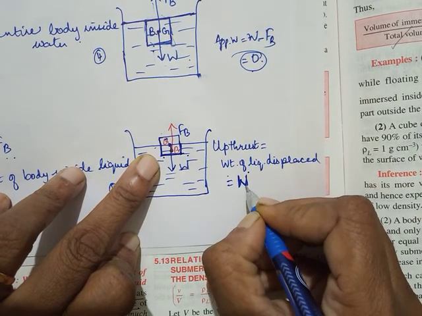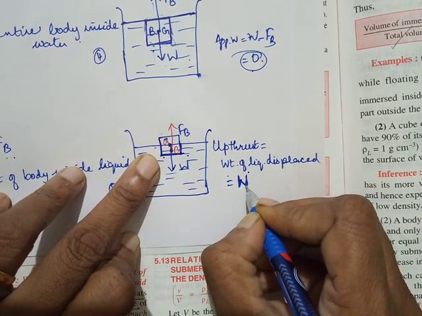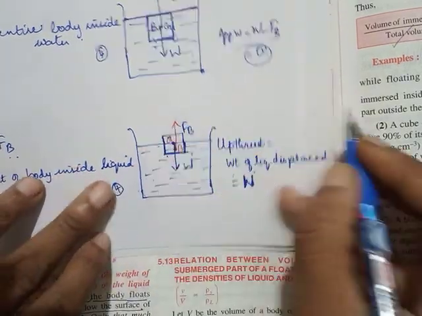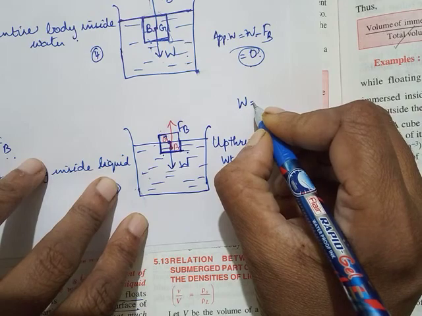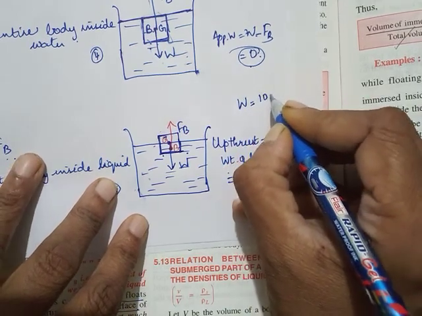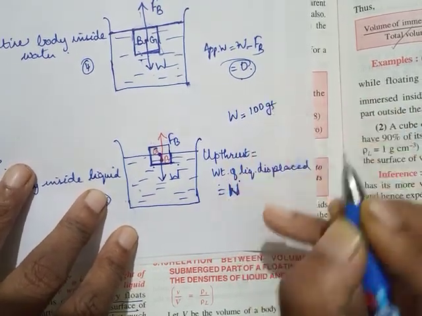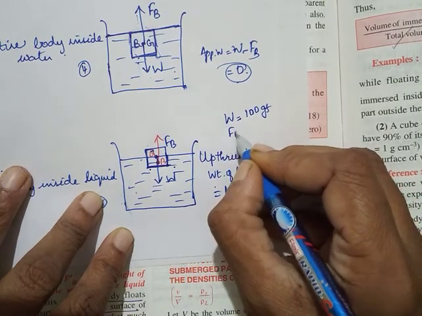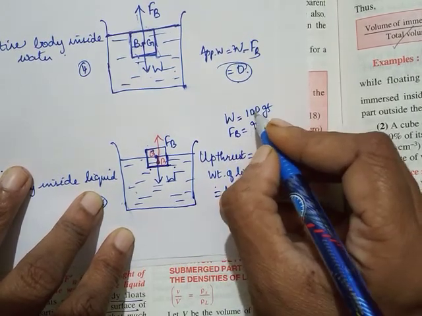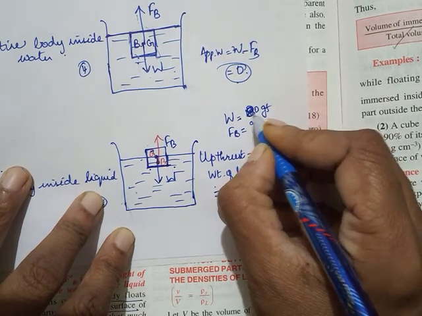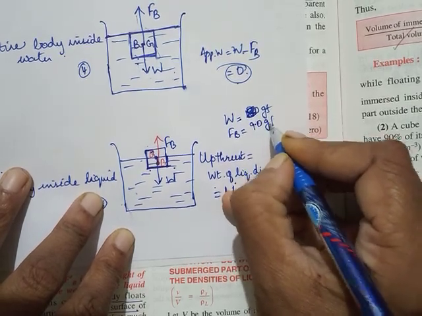Can you understand? Now, suppose, for example, the weight of this body is 80 gram force and upthrust is 90 gram force.